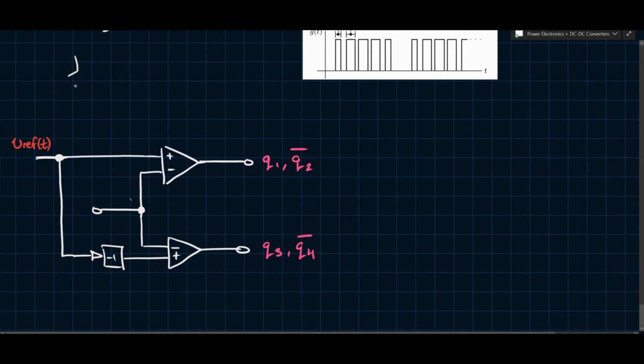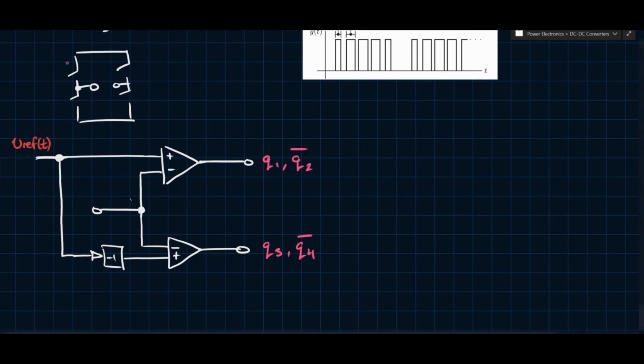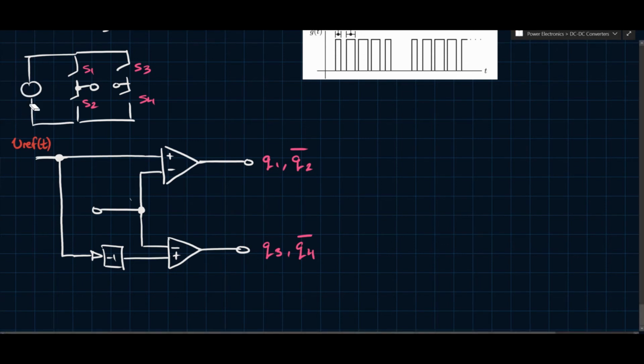So the full bridge, remember, looks something like this, and I won't draw any load here because the load is irrelevant in this case. But if this is S1, S2, S3, S4, and obviously this is VDC, then what you end up with is a sequence of gating pulses as shown here.